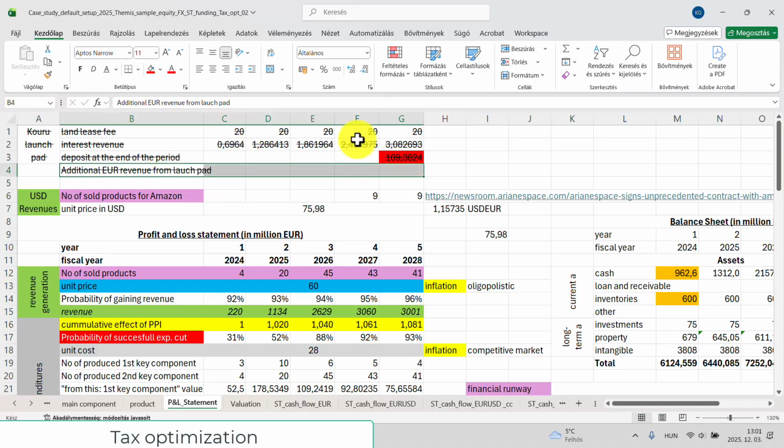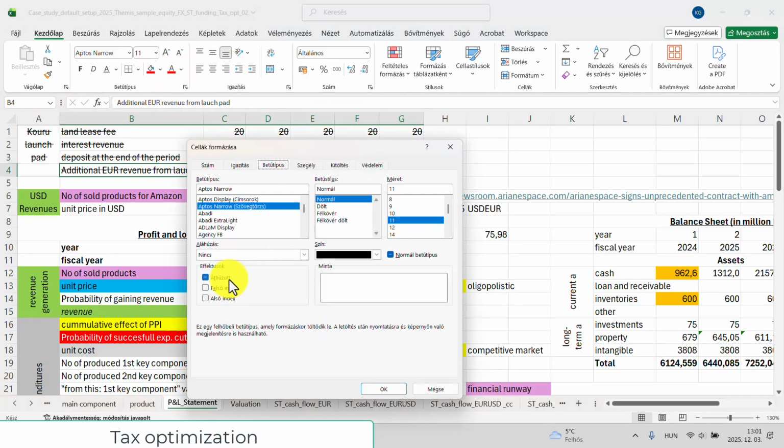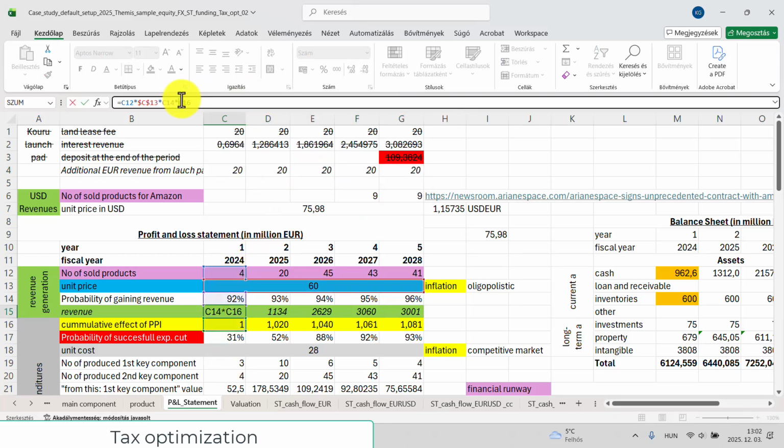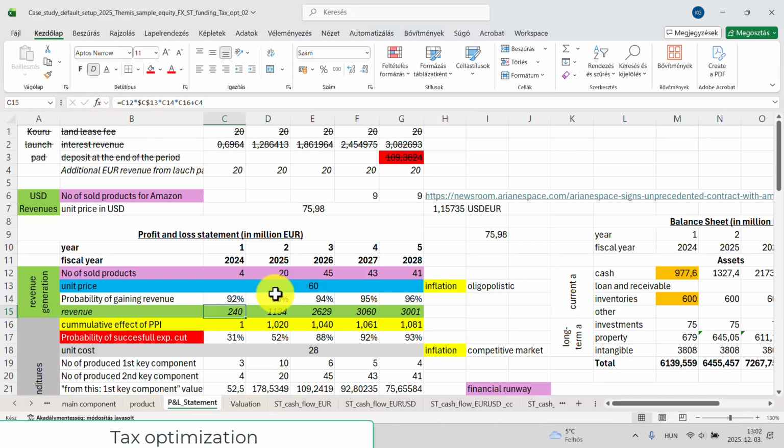No, we are not. I'm just using italics. And I only have to add to the revenues this number here plus 20.